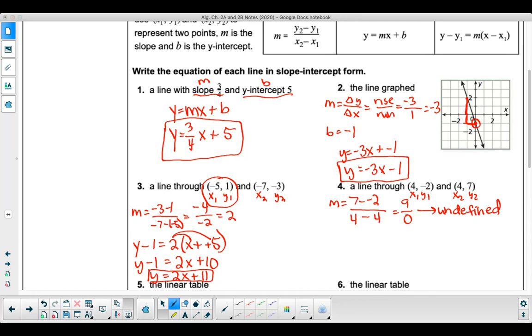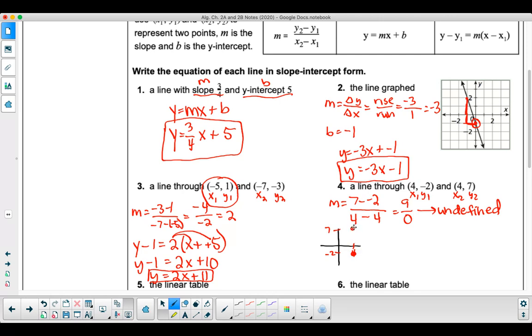So if we were to graph this, let me sketch one out here. Here's a graph. And we have the 2 points 4, negative 2, right here. And then 4, 7. Let's say 7's up here.